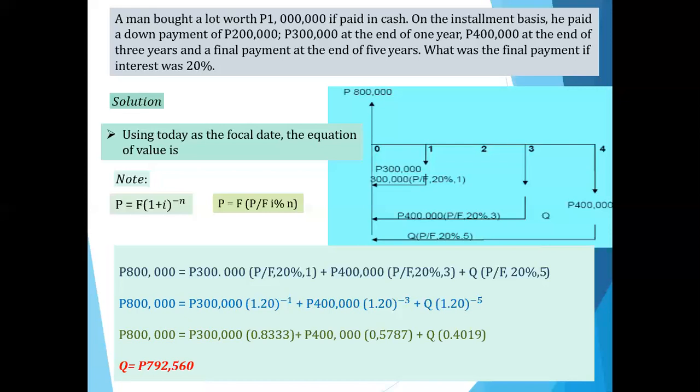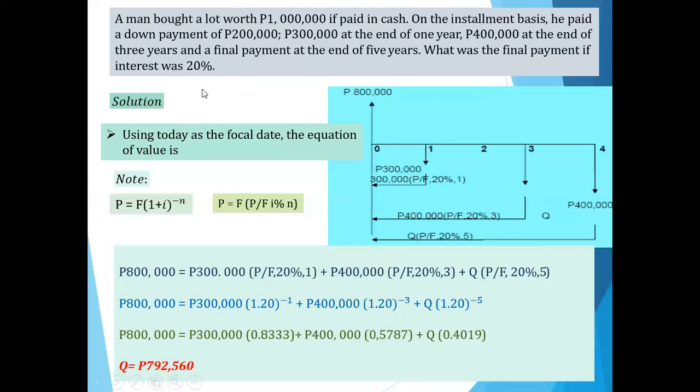This is due to the interest, which is 20%. As we look at the given, we already paid 300,000 for the first year and 400,000 after 3 years. In layman's calculation, if we don't include the interest, 300 plus 400 is equal to 700,000, so what is left after 5 years is only 100,000 pesos.